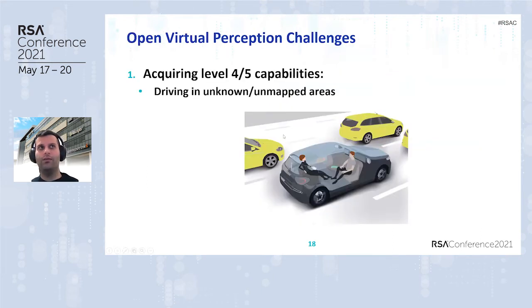Now, don't get me wrong, there are still open challenges for virtual perception. One example is acquiring level 4 and 5 capabilities. For example, driving in unknown or unmapped areas is still considered a complex task.